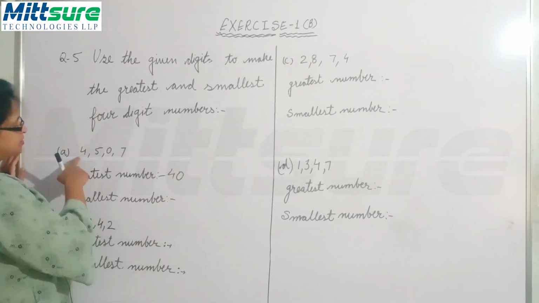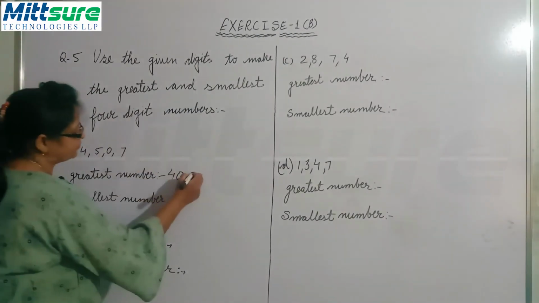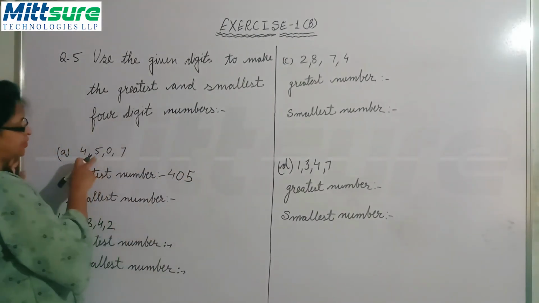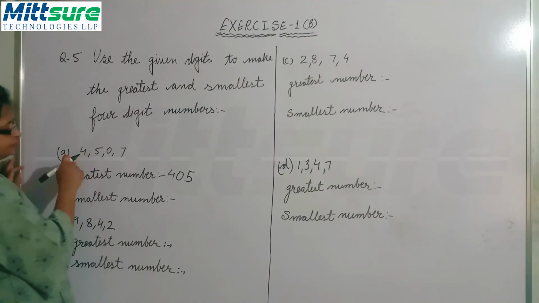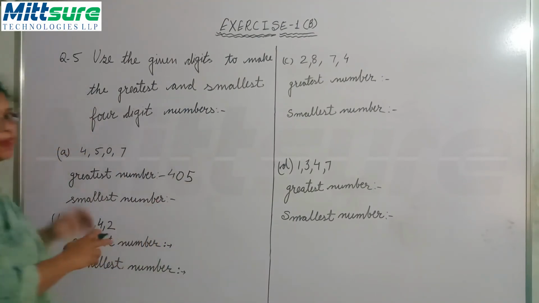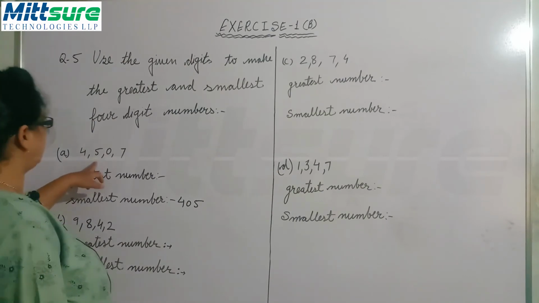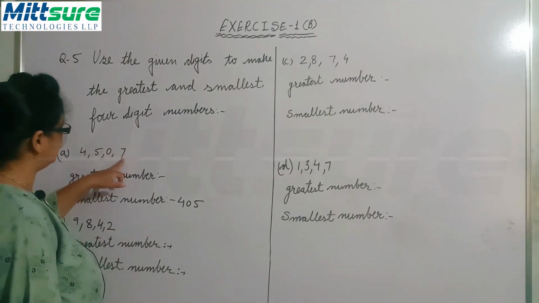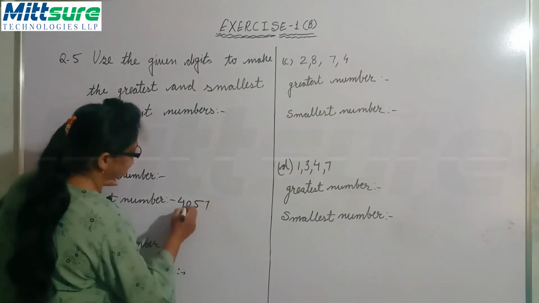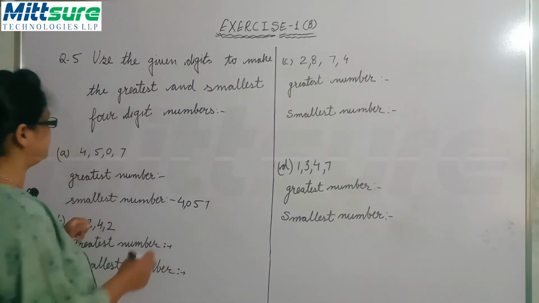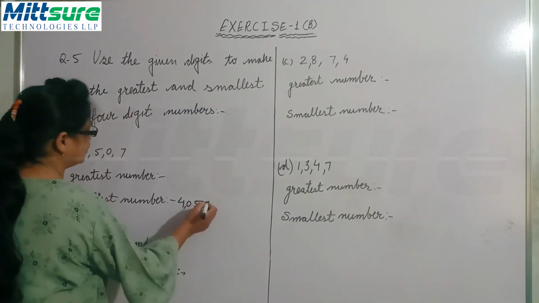The next digit after 4 is 5, and the greatest digit in this is 7. So 4057 is our smallest number.